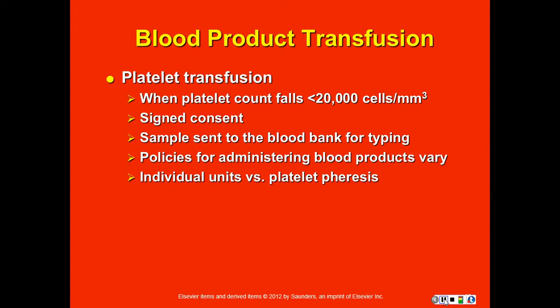This is not a slow transfusion. Now, if you're giving the platelet phoresis pack, which is the big bag, that can be transfused over a couple of hours. I understand there's something in there that prevents those from clotting. But the individual packets, you're pulling them and pushing them in quickly.